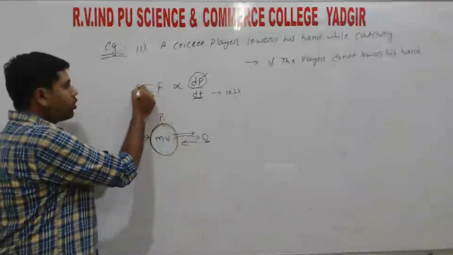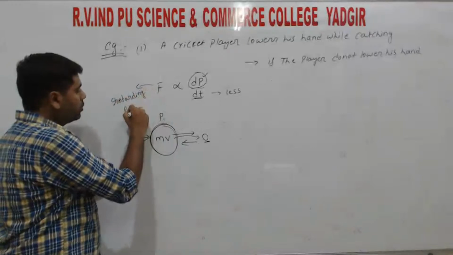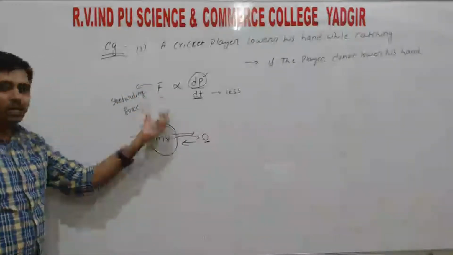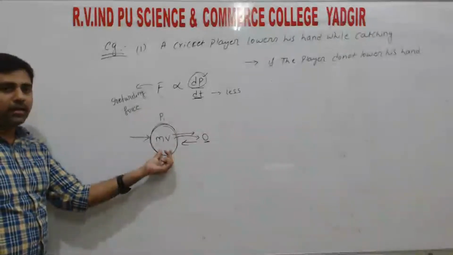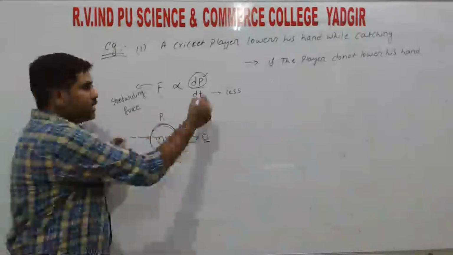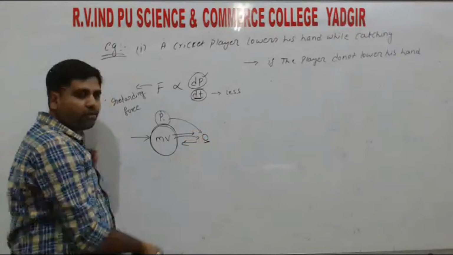This force we call the retarding force. We apply this opposing force to stop the ball. If we do not lower the hand, the time taken to change the momentum to the value 0 is very less.